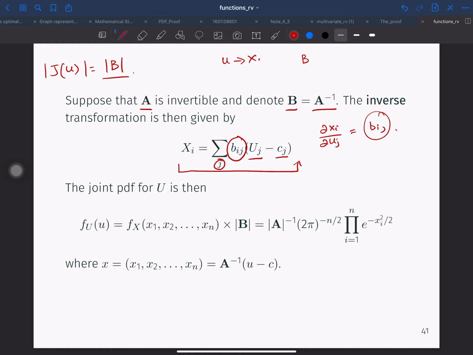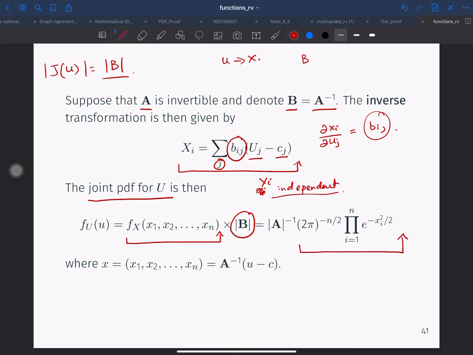And so that implies directly that the joint PDF for U is of the form the joint PDF for X multiplied by the determinant of B. Because the xi are independent, earlier we saw that their joint PDF looks like this.